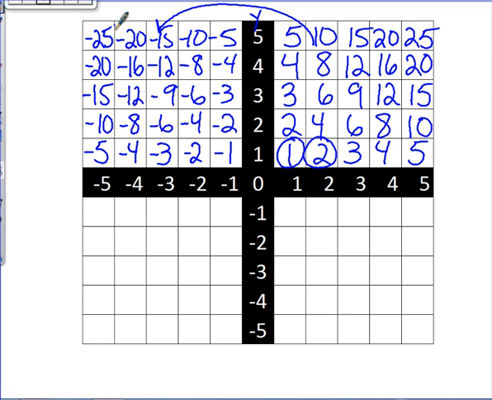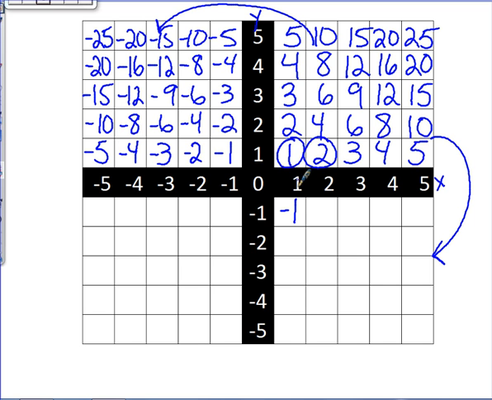And the same holds true for our products and the reflection across the x-axis. From quadrant 1 to quadrant 4, when we reflect those products across the x-axis, they'll also give their reflection of that product. So 1 will become negative 1.